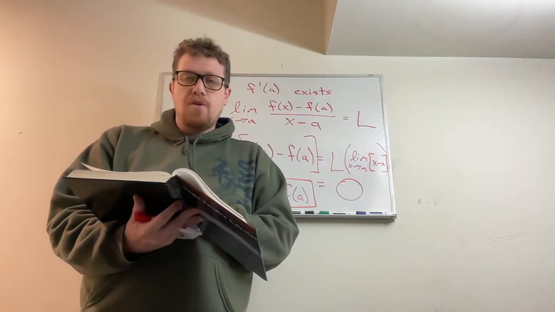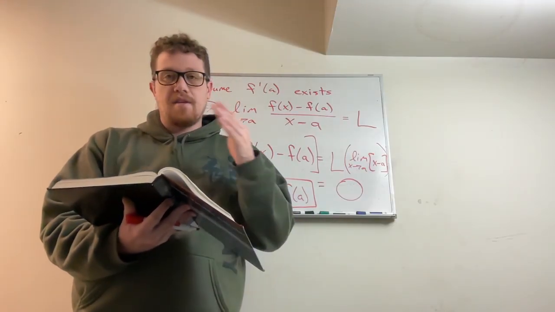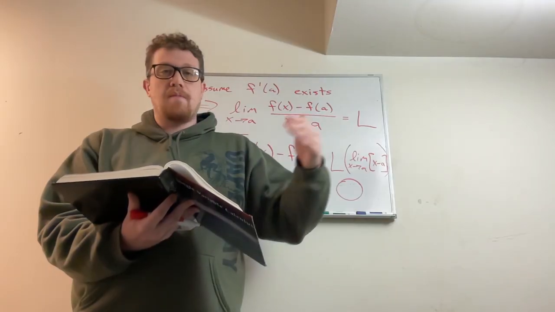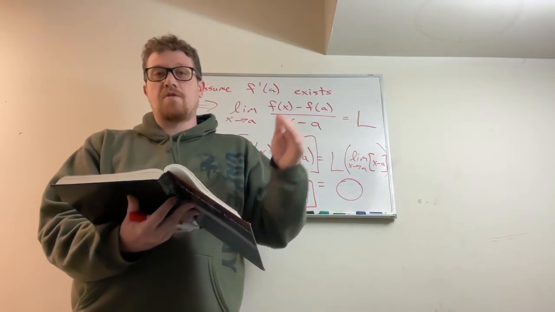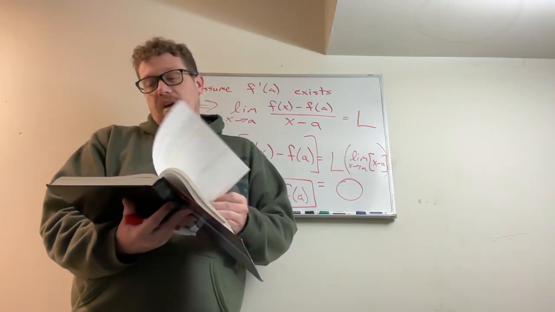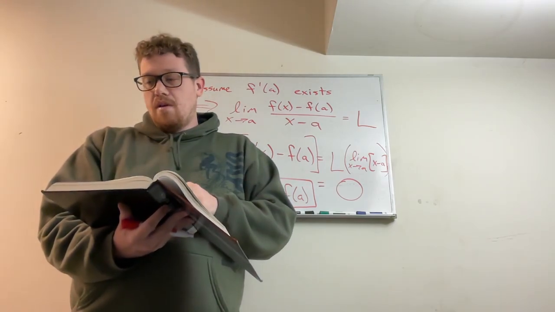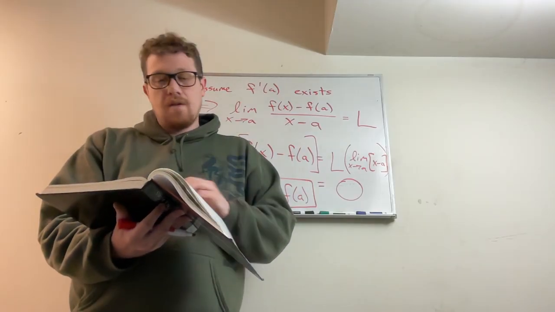We're in 2.7 right now. That's talking about the derivative as an operator that sends functions from real numbers to real numbers to itself. They talk about higher derivatives, which I kind of mentioned briefly. I think that's about the end of the chapter.